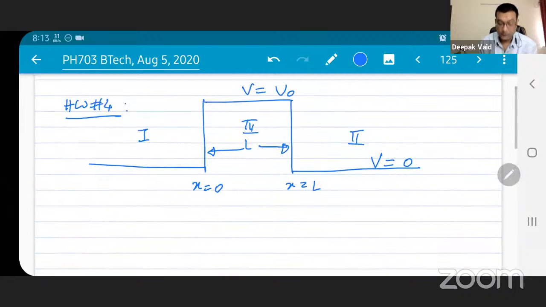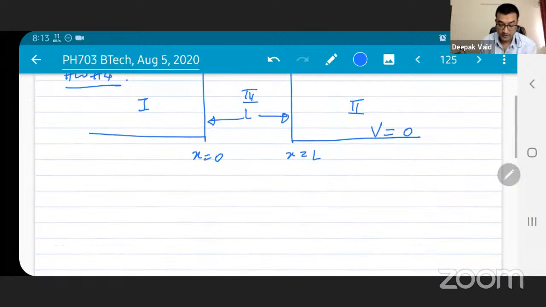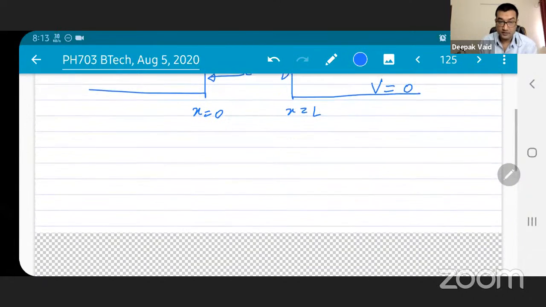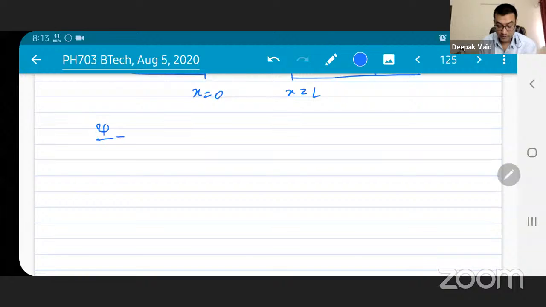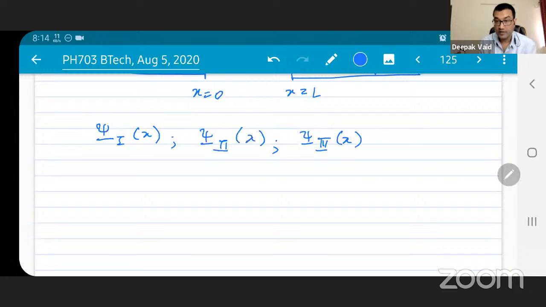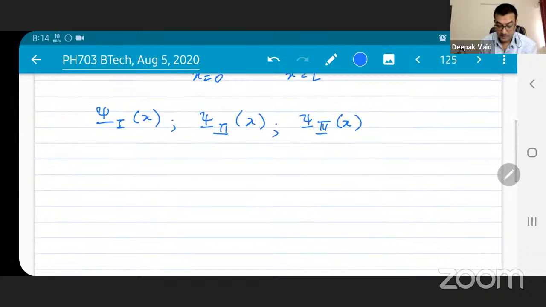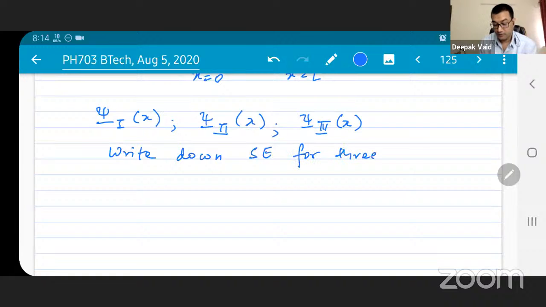What you do is you again write down the Schrodinger equation for the wave function in all 3 regions separately, right? So the question is basically: write down the Schrodinger equation for 3 regions.